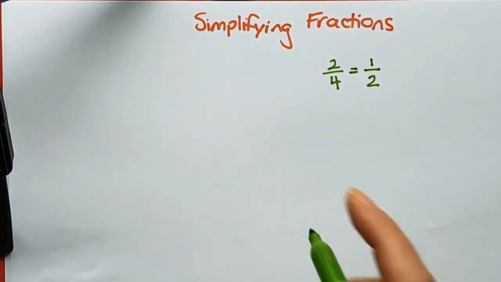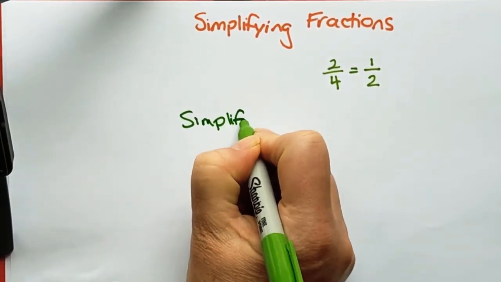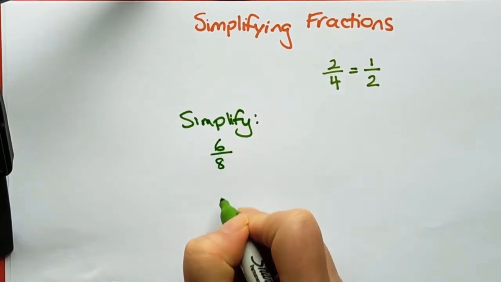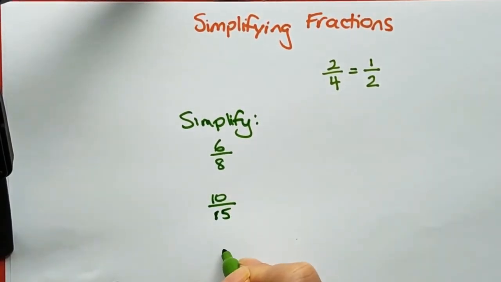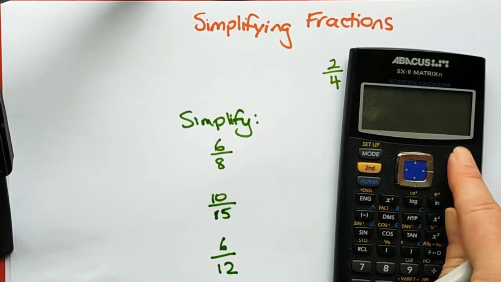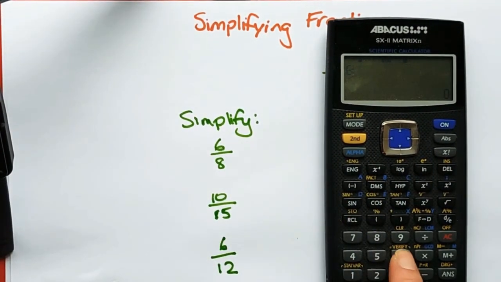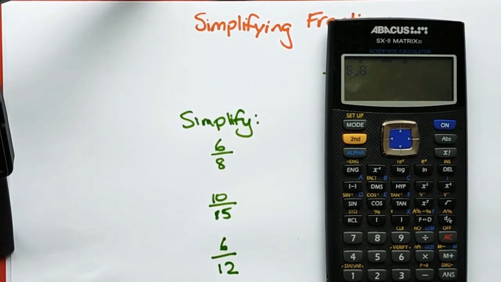The questions you get asked will say simplify. That'll be your question, and then they'll give you a whole list of fractions. And what you need to do is hit clear on your calculator, the numerator, the top number, the fraction key, the bottom number, equals.